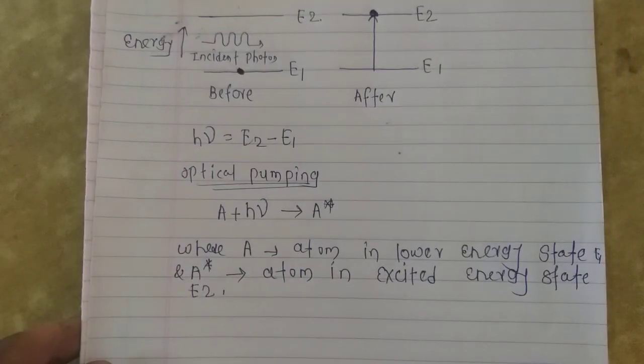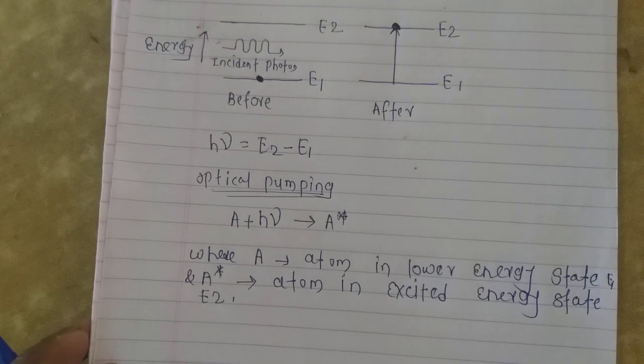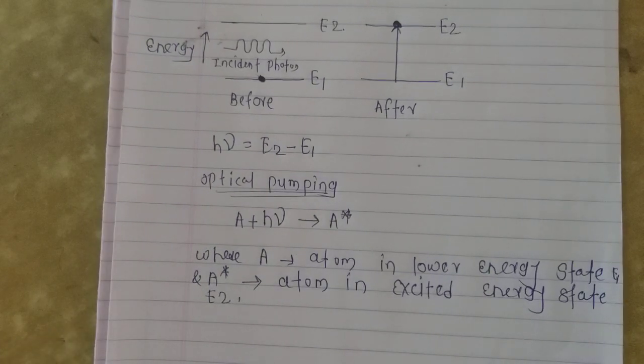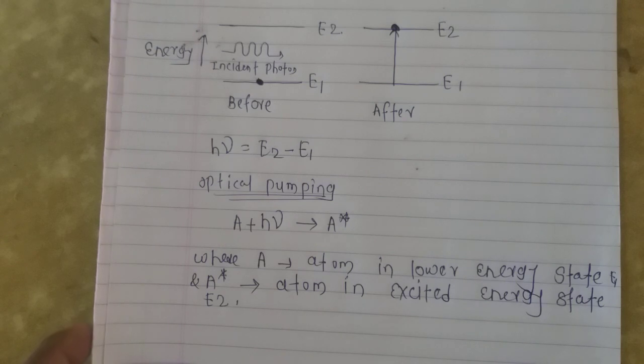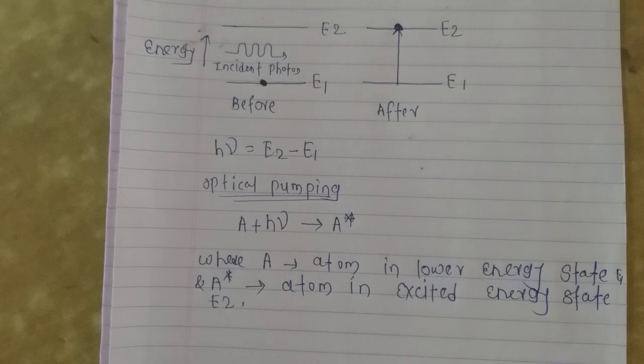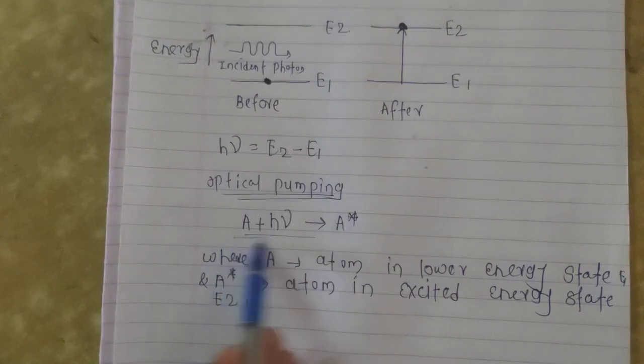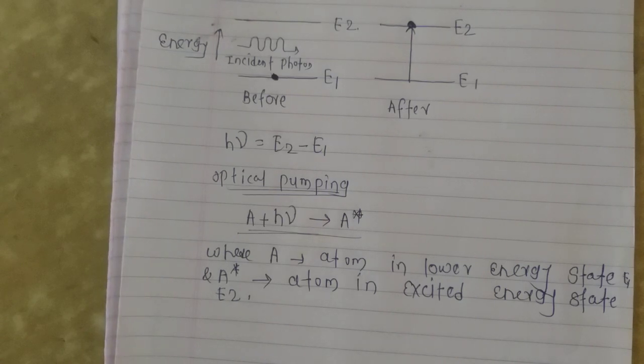That lower-energy atom absorbs the incident photon and jumps to the excited state. That means one photon disappears from the incident light and one atom is added to the excited state, expressed as A plus h nu tends to A star.